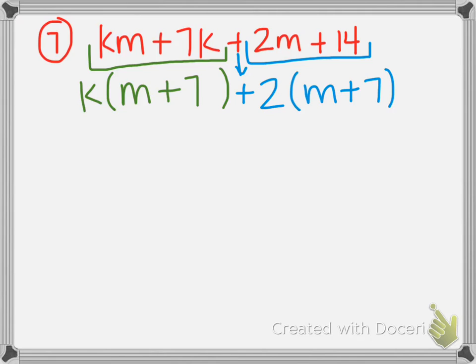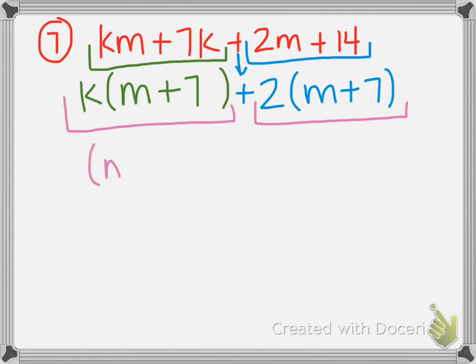Now we can look at the entire problem and notice that both of these new terms, which is what we have now, we have one term here in green and a second term here in blue. And both of those new terms can be divided by a factor of m plus 7.